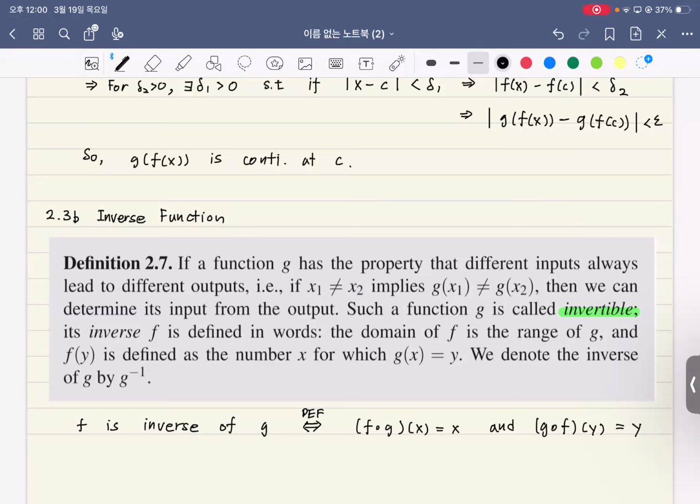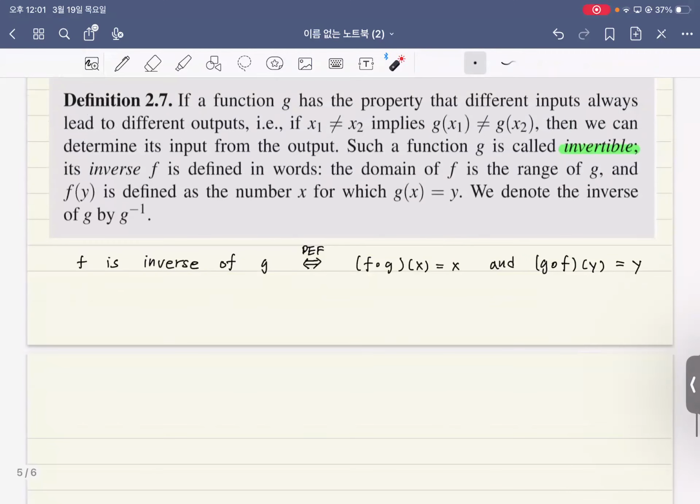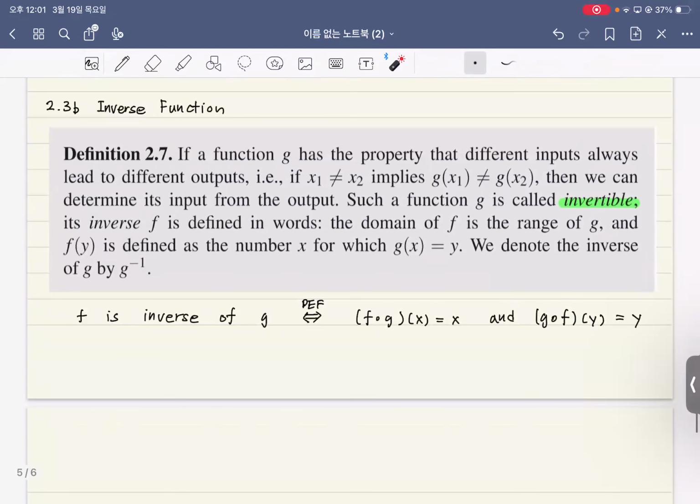If f satisfies these two conditions, then we say f is the inverse of g and denote it by g to the negative one. Okay, good. All right. So this is a very set theoretical definition of the inverse function.